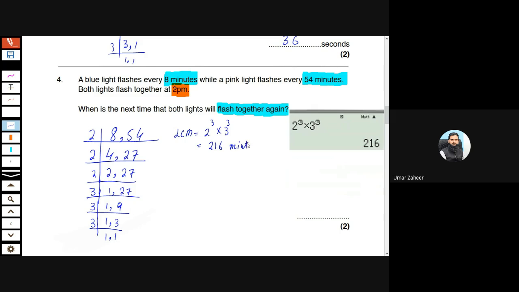But you have to tell the time, right? So 216 you have to convert into hours and minutes. So how many full hours in 216 minutes? Anyone have the idea? If you want to check how many full hours in it, just divide 216 by 60, because in 1 hour you have 60 minutes.